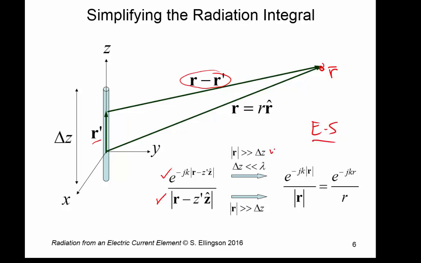So because this is electrically short, we can make these assumptions. First, since the distance to the field point will be assumed to be much, much greater than the length, and also because delta z is assumed to be much, much less than a wavelength, that's the electrically short part, we can simplify the phase factor to simply be e to the minus jkr. That is this distance here.